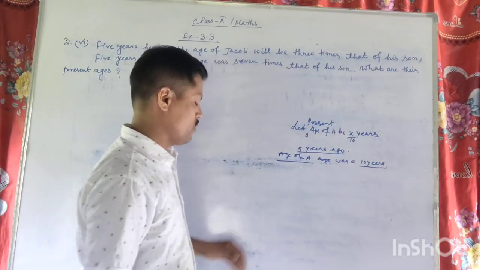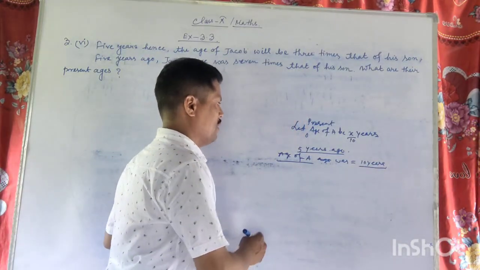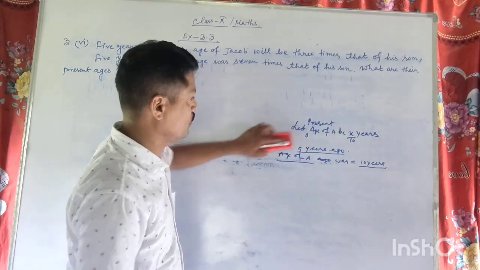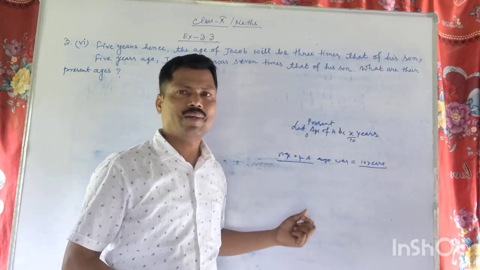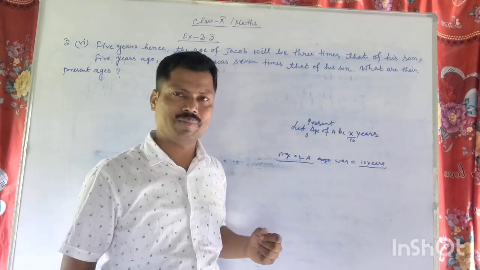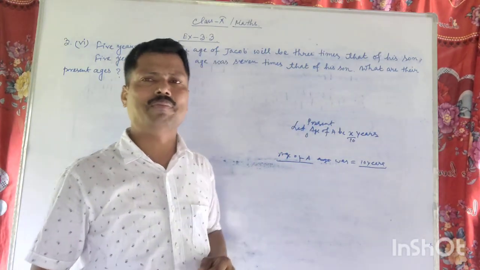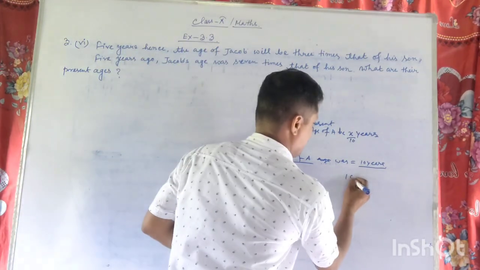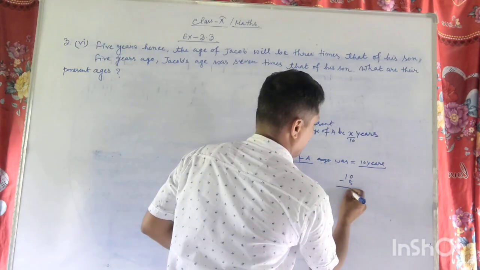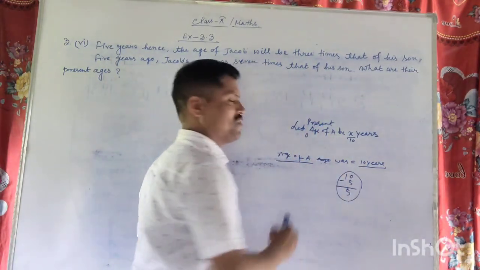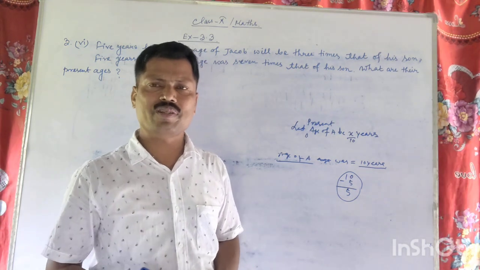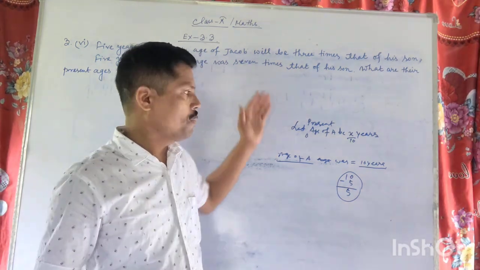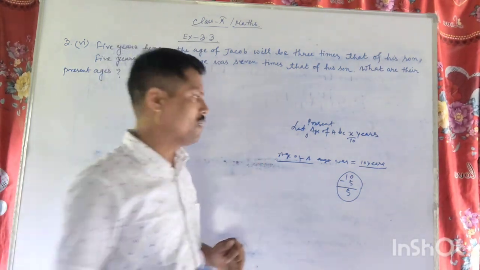Sorry, this one is the present age. Present age is 10 years. Then 5 years ago what was there? That means that one will be minus. So 10 minus 5, then we will get at that time 5 years. If present age is 20 years, then 5 years before what was it?